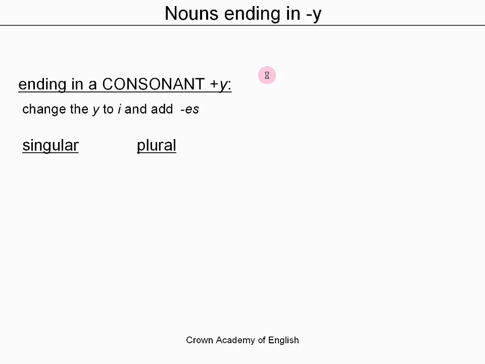So an example: lady, ladies. So you can see here in the singular, the end of it has a consonant, so the letter D is a consonant, followed by the letter Y. And so we follow the rule. We change this Y to an I, and then we add ES.